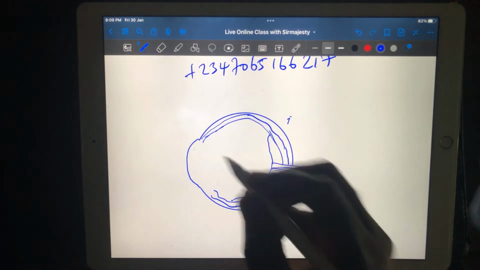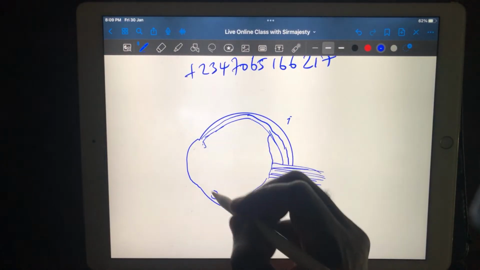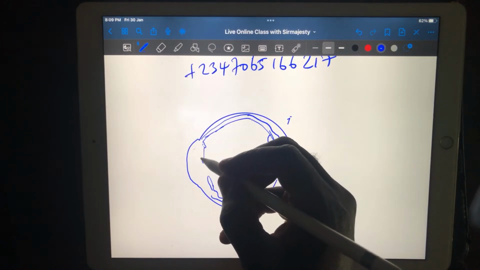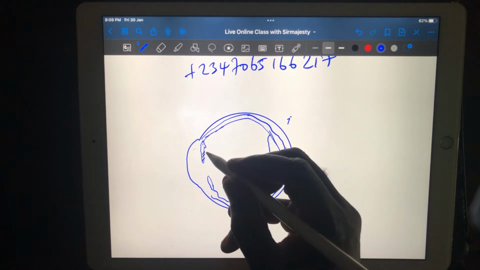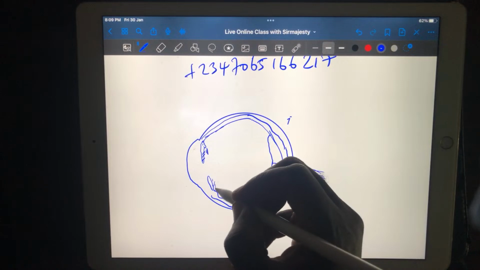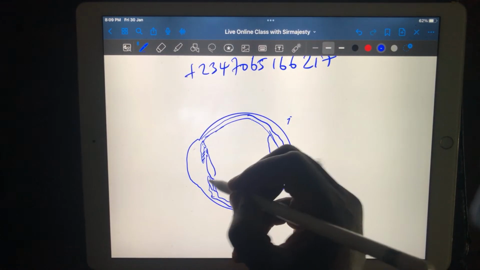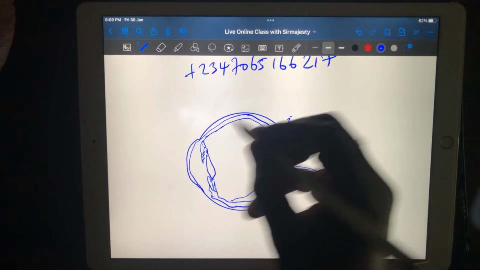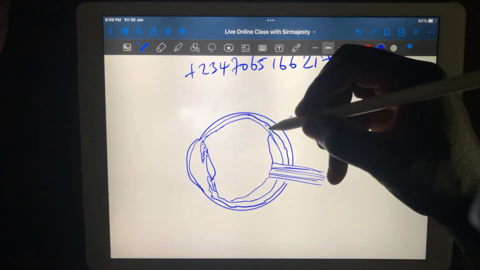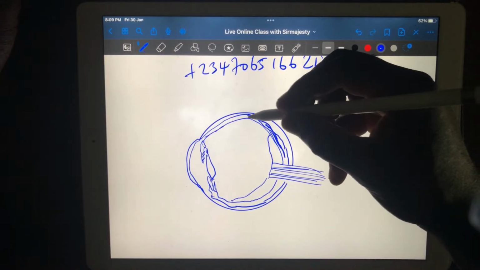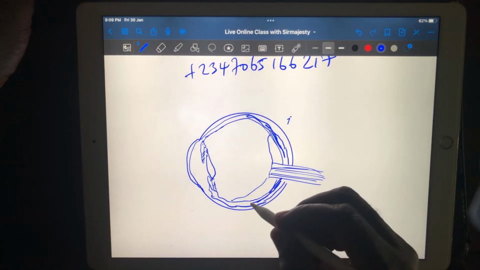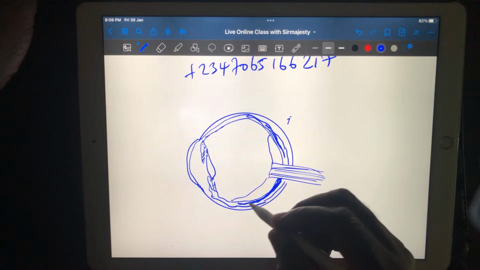Right? So just because of time, but any medical student should be able to, if you can draw, you won't have problem. As in, when they draw for you to identify, you will identify well. So the sclera forms the cornea, while the middle layer is the choroid layer, which is the dark pigment.